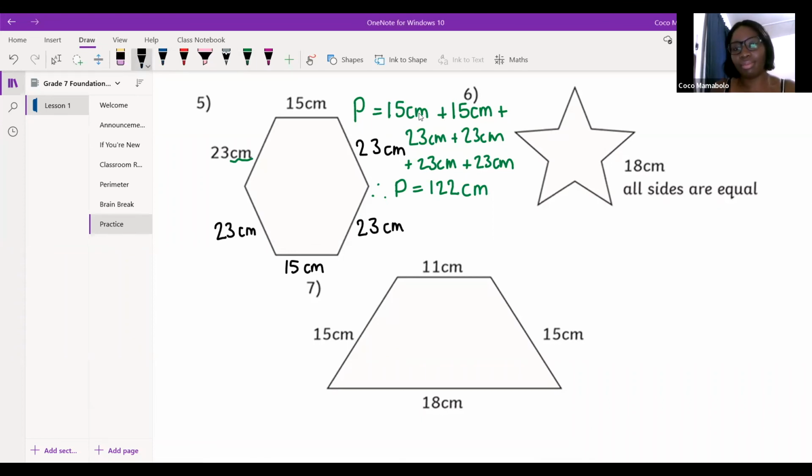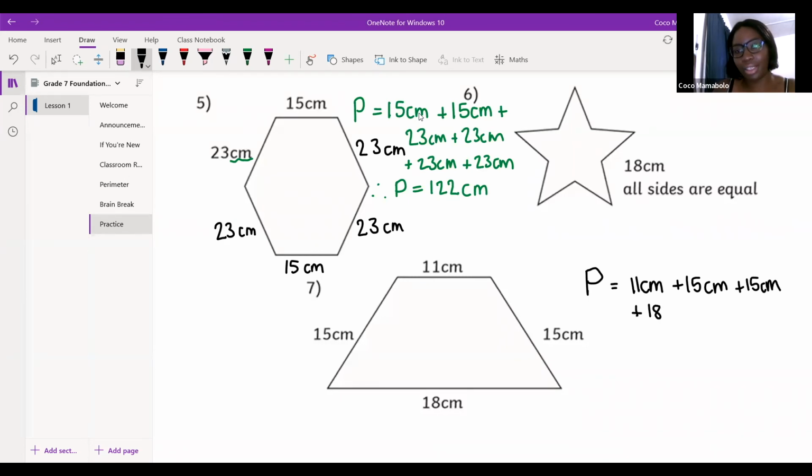Yes, ma'am. All right. Tell me, what am I writing? For number 7, it's 11 centimeters. How do we start? P equals 11 centimeters, good. Plus 15 centimeters, good. Plus 15 centimeters, and plus 18 centimeters.